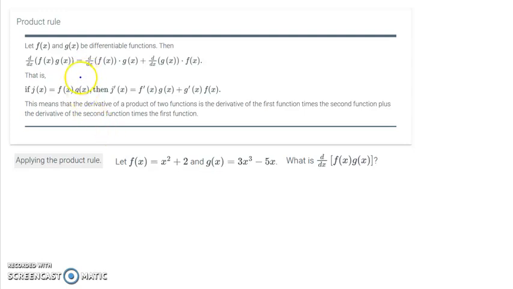So let's talk about just the product rule in general. Whenever we have two functions that are being multiplied together and we want to take the derivative of that, we're going to be taking the derivative of the first function, so in this case d dx of x.